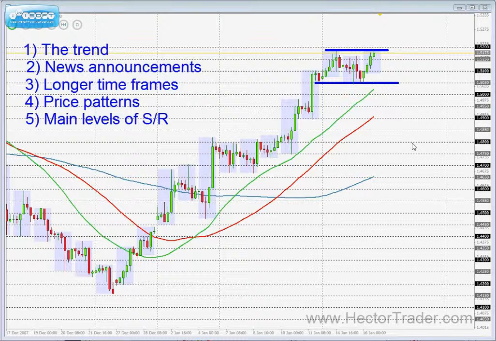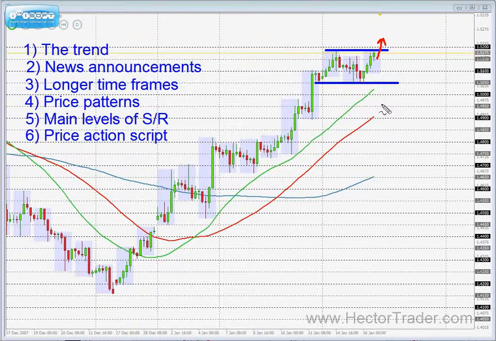Another element you always want to write down on your trade plan for the day, at least as far as this setup goes: what type of price action do I want to see in order to consider getting involved with this market? Well, I just mentioned it. I want to see a breakout to the upside. Moreover, I don't want to see just a normal breakout.